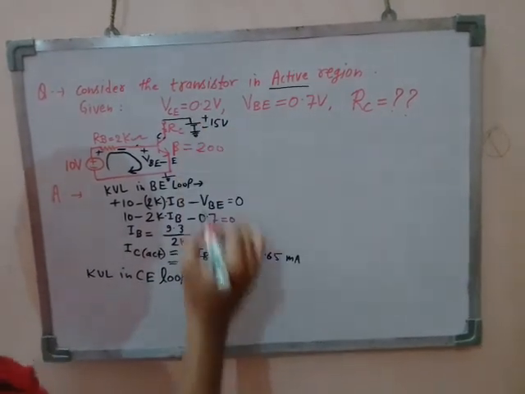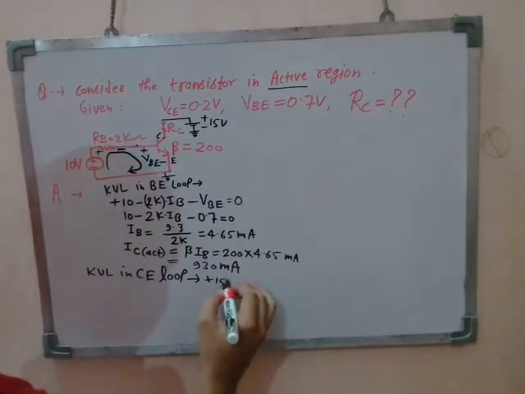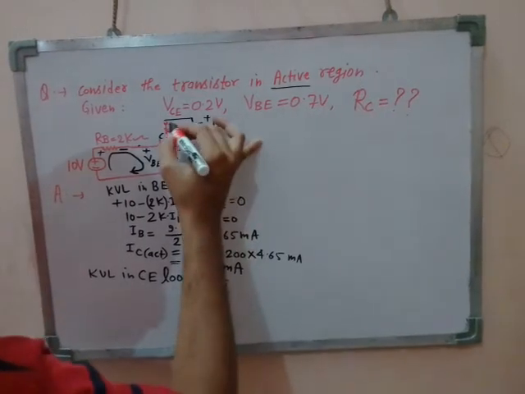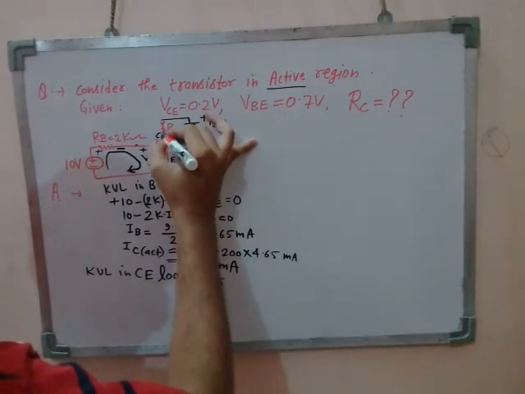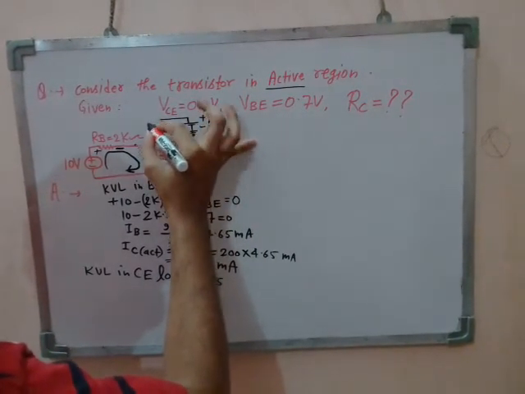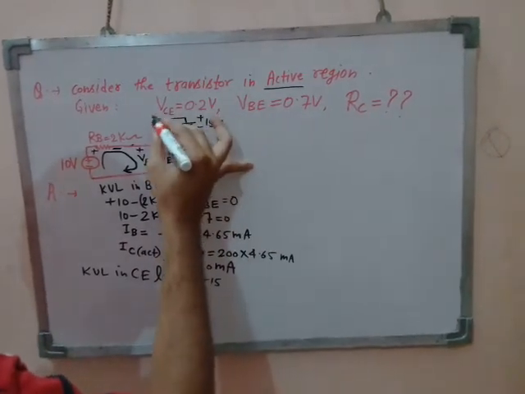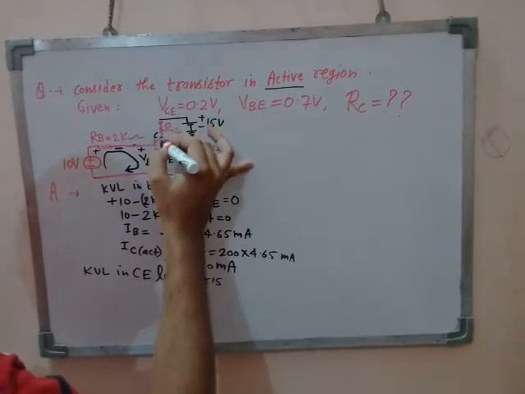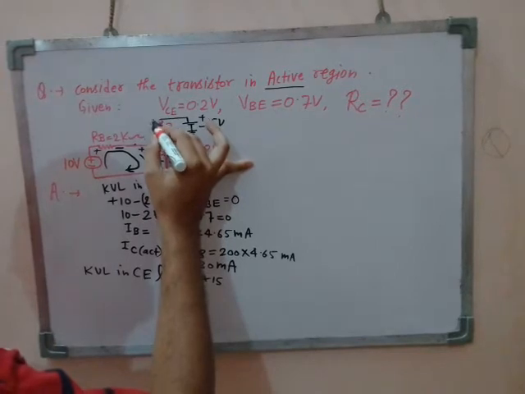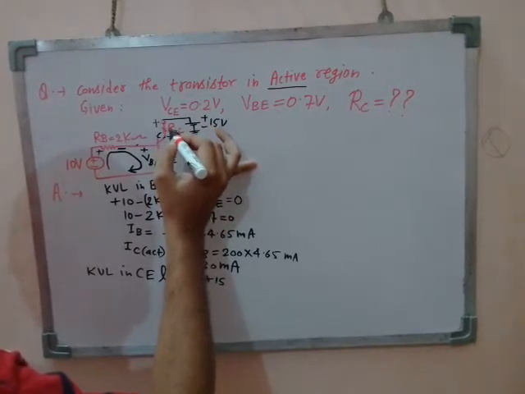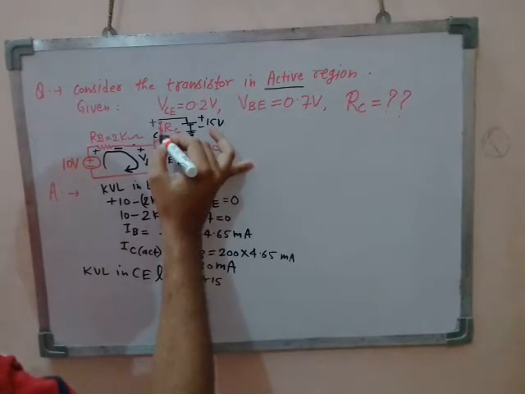So minus to plus 15. In the direction of current flow there is a voltage drop, which is the basic convention of electrical technology. Current flows from top to bottom, so plus here and minus here. So minus ICRC. The current in this branch is the collector current IC, since this is the collector terminal.